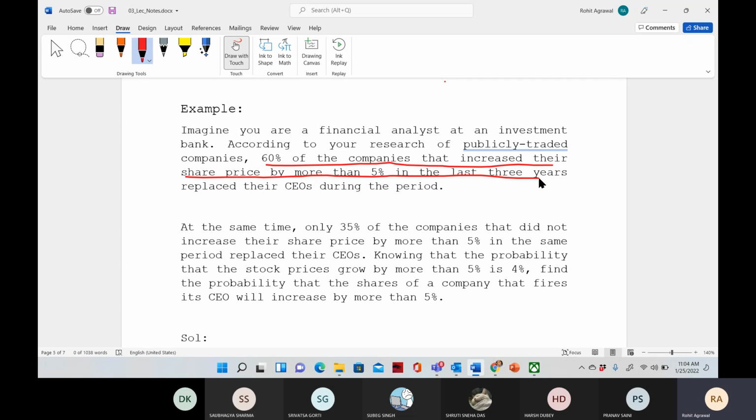So they are talking about one thing, the share price, increased their share price by more than 5%, ठीक है. And how many companies? 60% of the companies, ठीक है. They replaced their CEO.